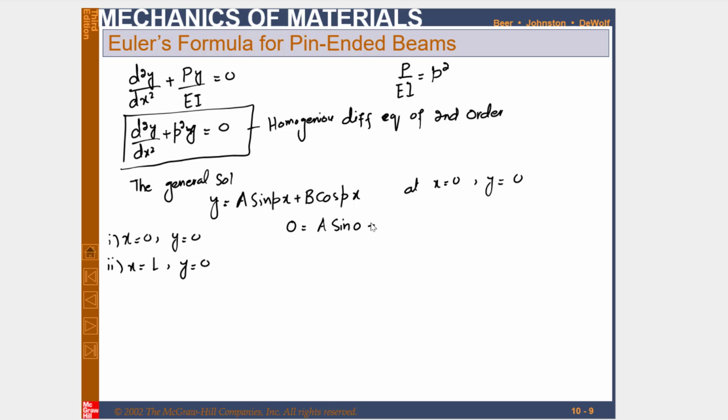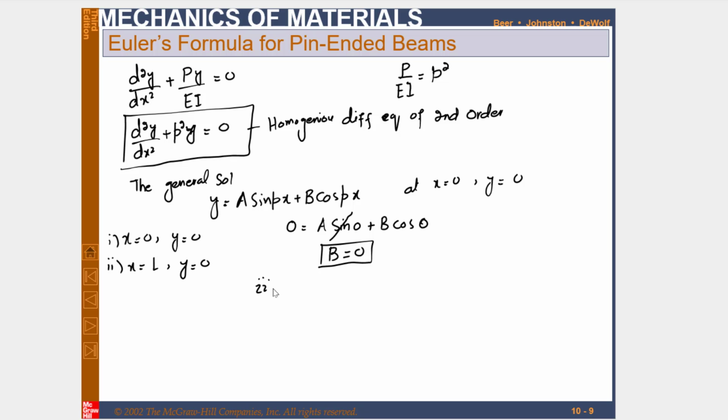Clear? And plus b into cos of 0. Cos of 0 is 1, sine of 0 is equal to 0, so this term will be cancelled. So b will be equal to 0. So from the first boundary condition, we get the value of b, that b is equal to 0.